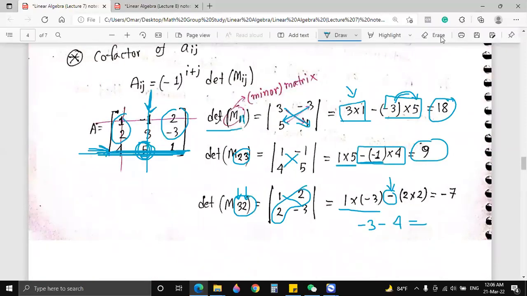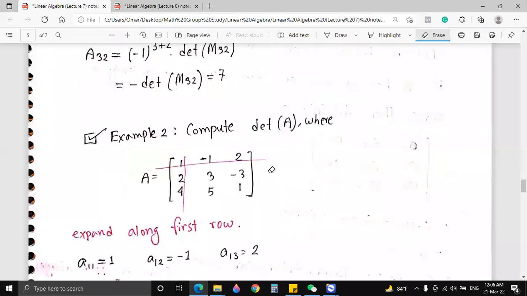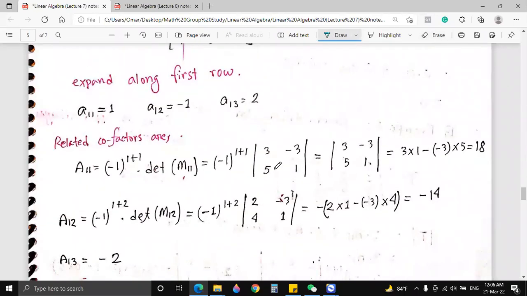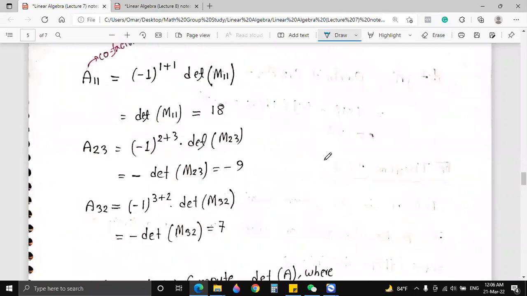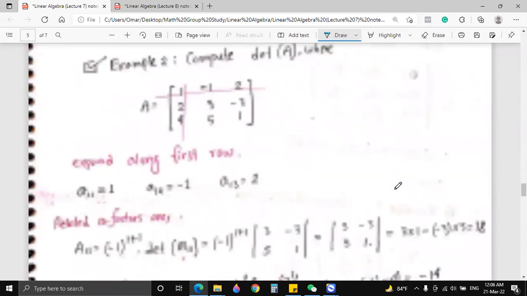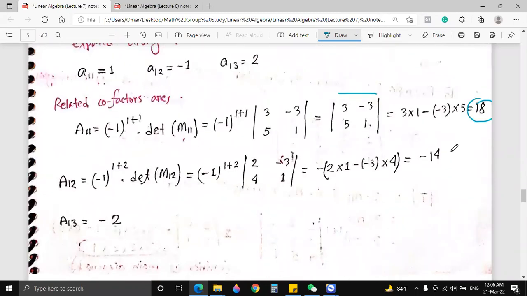So okay, let me use this. 1 minus 1 2. Okay. So I hope you know how to calculate this part, right? I have already discussed here. So we got 18, we got 9, and we got minus 7. So here is 18. Then where is 9?